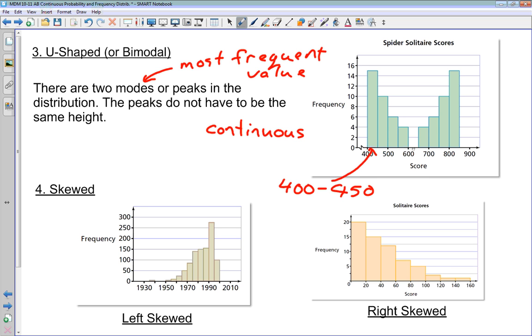And let me point out that the edges of the bars are labeled. So the idea here is that our score values run continuously along that x-axis, and we're just picking certain ranges where we're calculating them. So this graph here would have a bin size or a bucket size of 50.